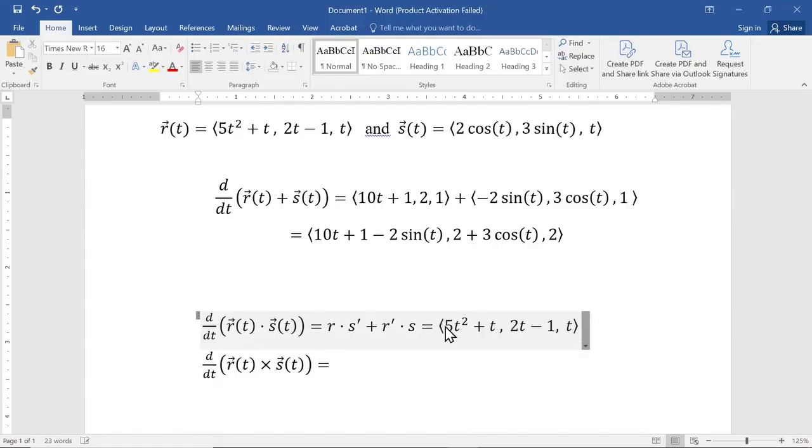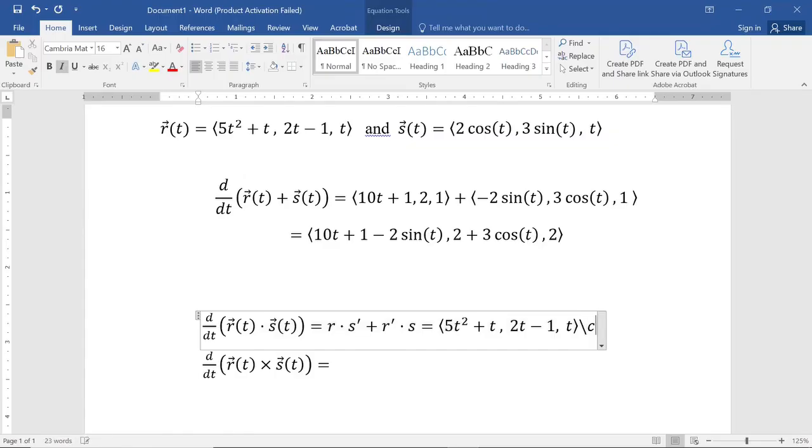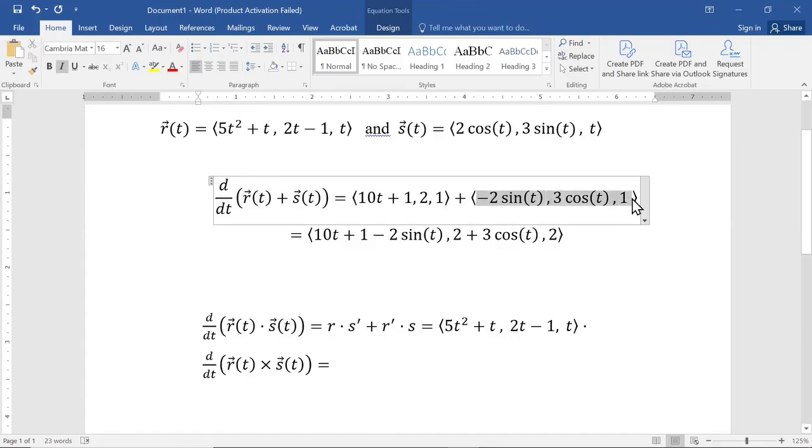dot product with S prime. Now this was our S prime.